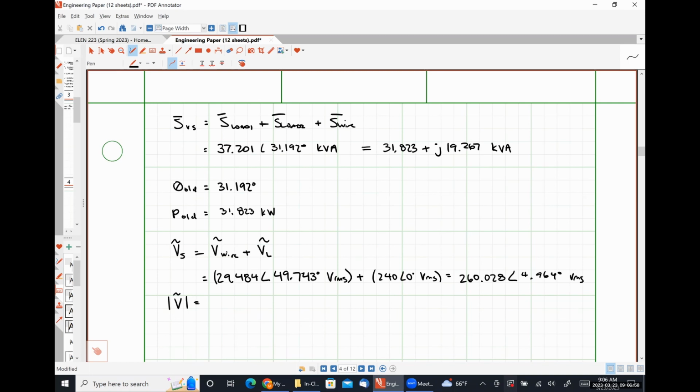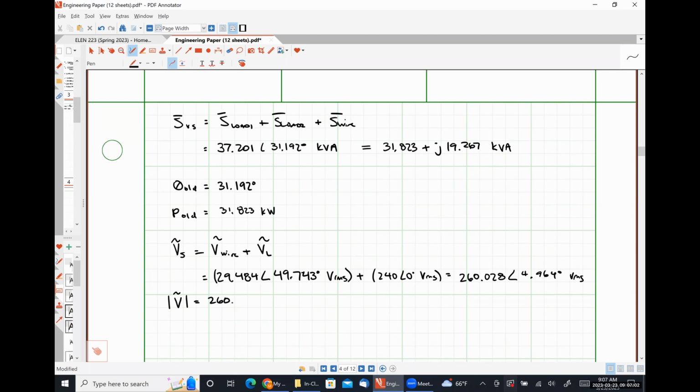So the magnitude of the voltage that we need to plug into our capacitor equation is just that 260.028 volts RMS.